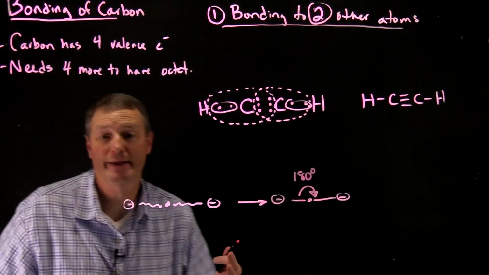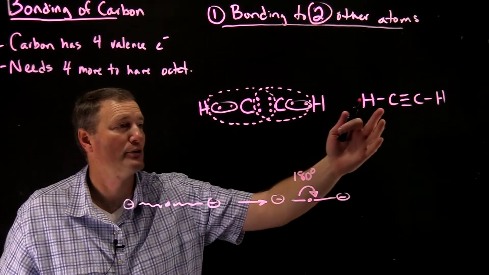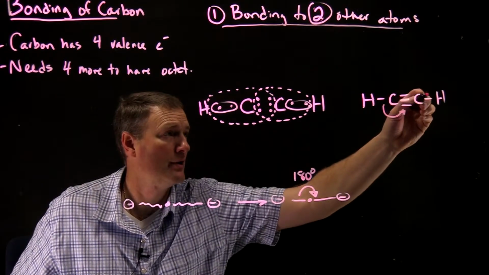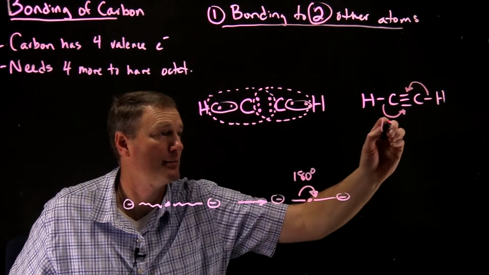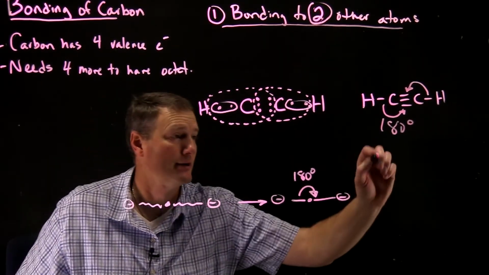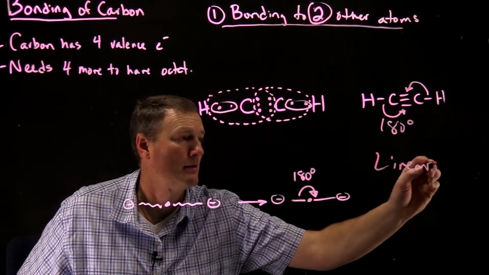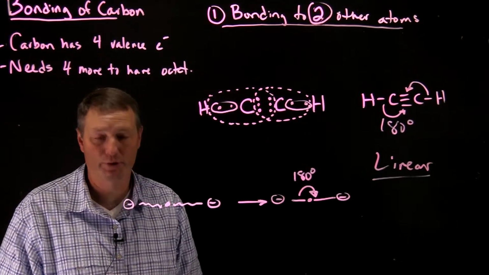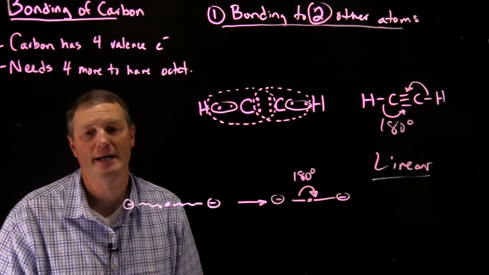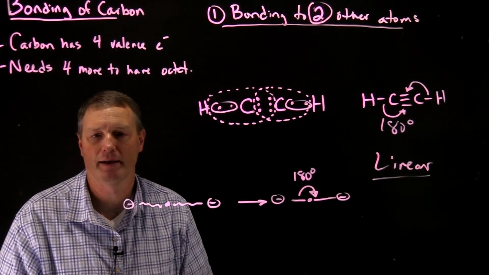This is called a linear arrangement. So molecules that have carbon-carbon triple bonds, the angles between those bonds are going to be 180 degrees. And this is just simply called linear. So molecules that contain carbon-carbon triple bonds like this are going to adopt this linear shape.